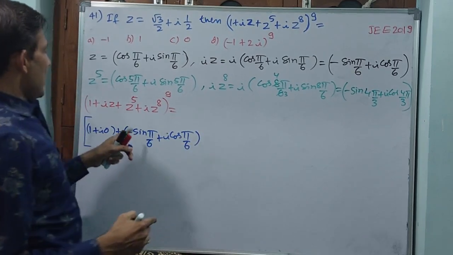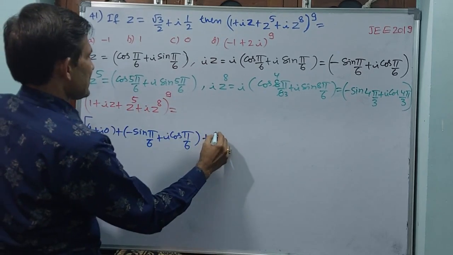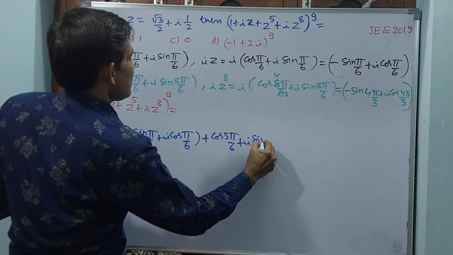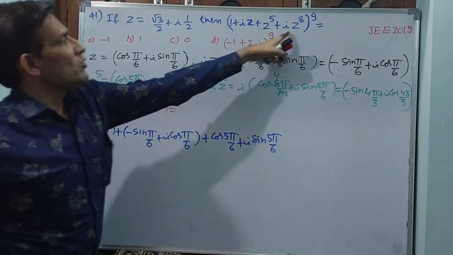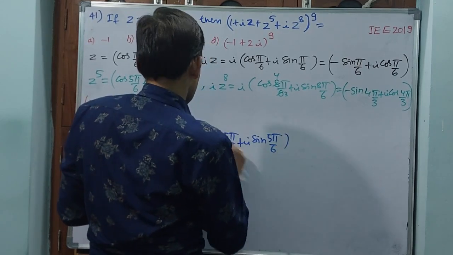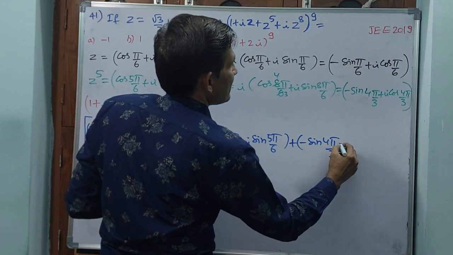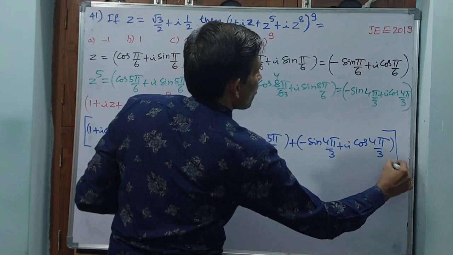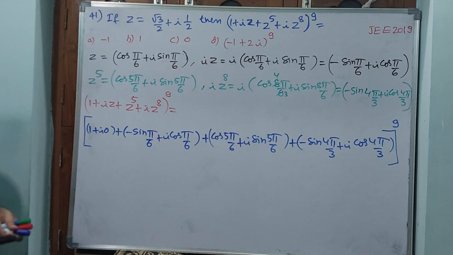Then z to the power of 5 is this one only, plus cos 5 pi by 6 plus i sin 5 pi by 6, then i z to the power of 8, that is minus sin 4 pi by 3 plus i cos 4 pi by 3, whole to the power of 9. Whole to the power of 9 also you have to write.